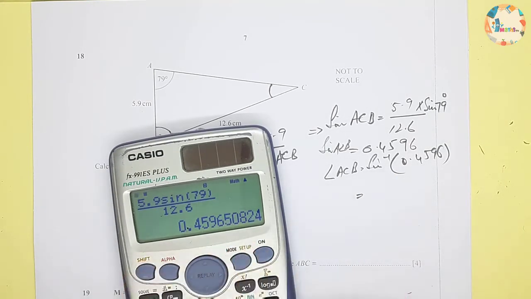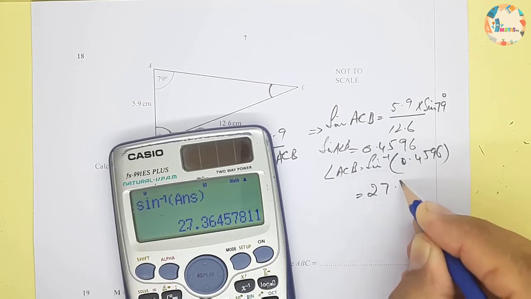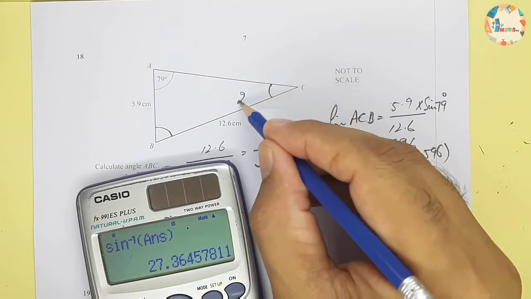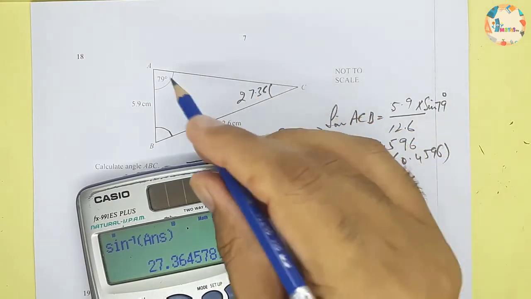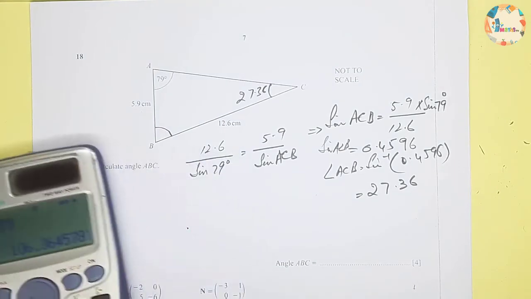So we'll take inverse sine of the answer, and this will give us a value which is 27.36, and plus 79 will be equal to 106.